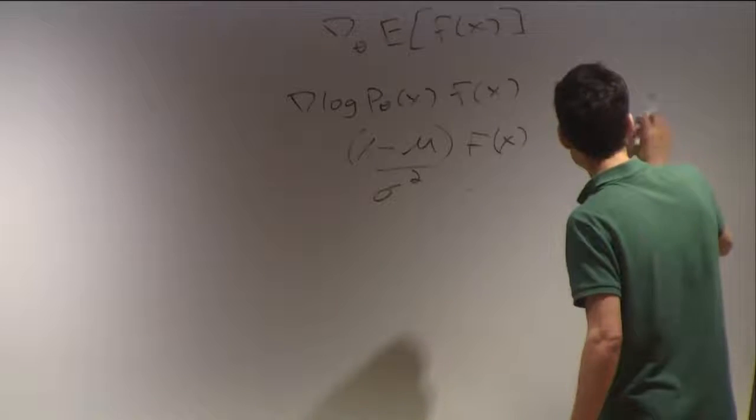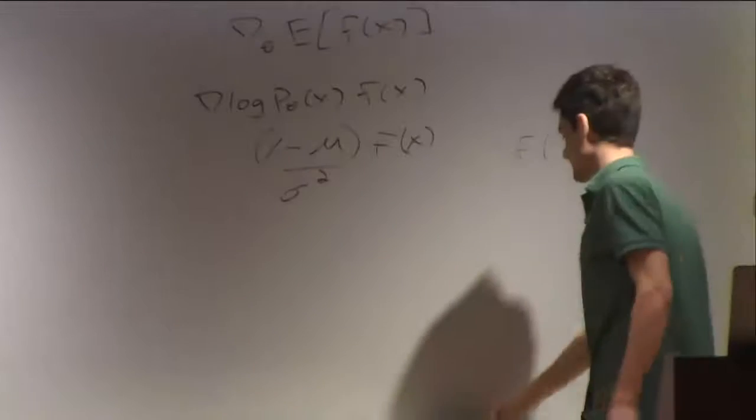If you look at this expression, what's the argument why the variance will go to infinity?